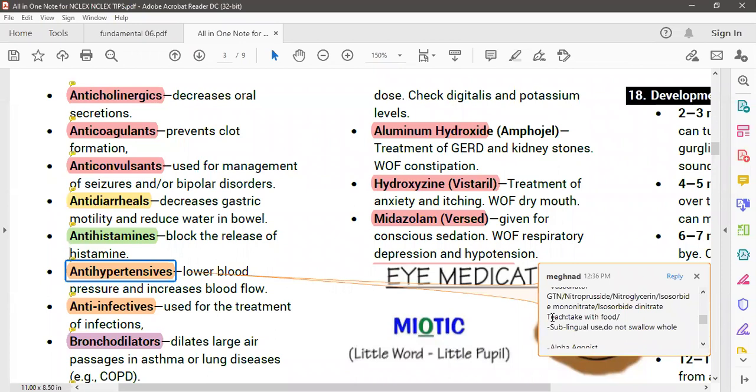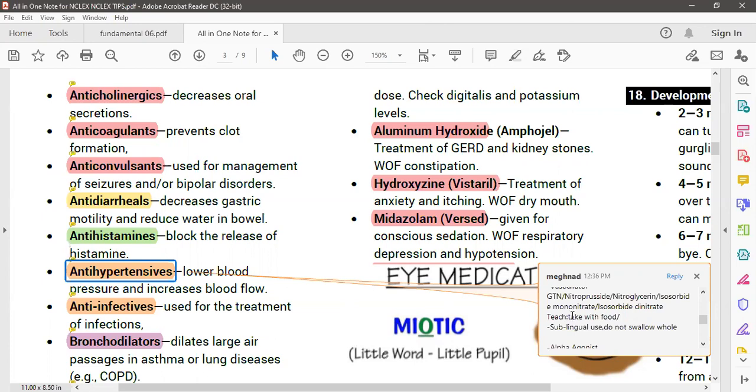Particularly if our patient takes hydralazine, it is good to take it with food. Or if your patient needs to take nitroprusside, it is good to tell them to protect it from light.